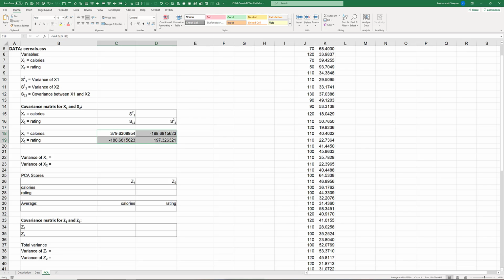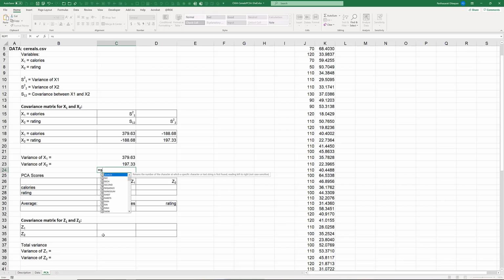So we have the variance of x sub 1 and the variance of x sub 2.